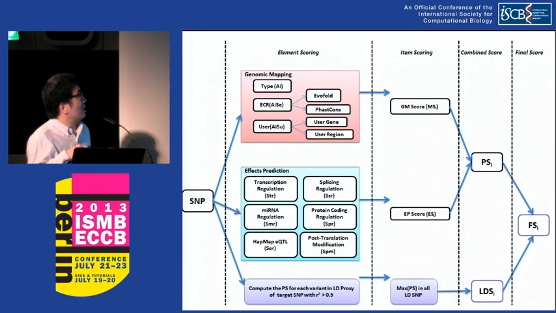The genomic location, of course, matters, and the conservation, folding, transcription factor regulation, splicing, microRNA, protein coding, and also eQTL and post-translational modification. All these we put together and then get the final functional score.